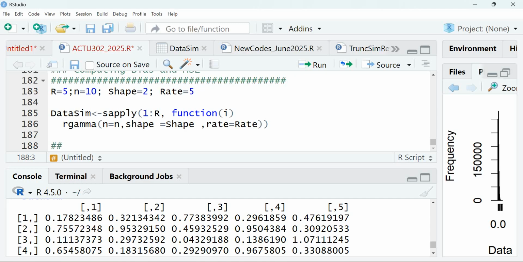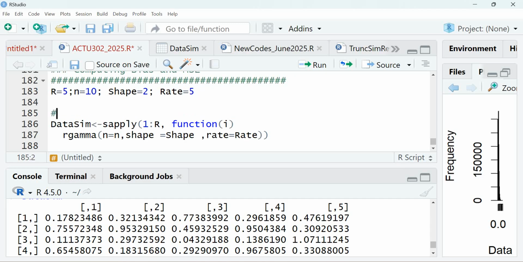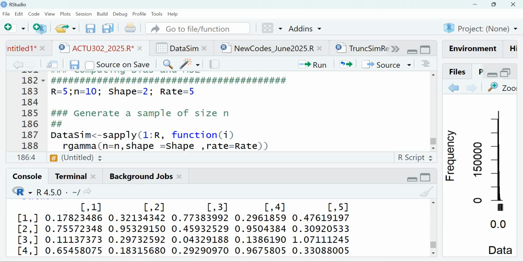So here, our comment is generate a sample of size n and repeat R times.